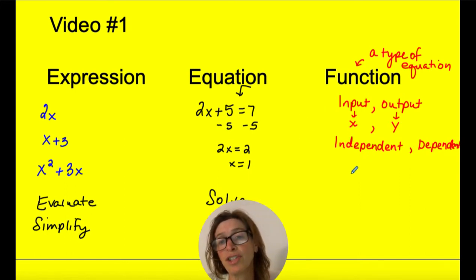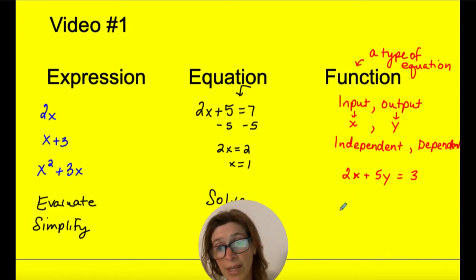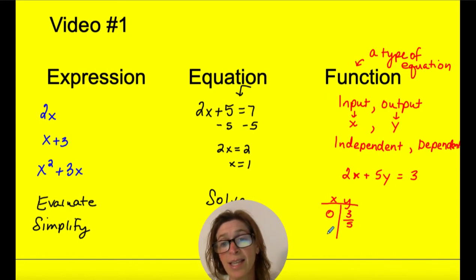So if I give you a function like, I don't know, 2x plus 5y equals 3, well, if I were to make a table of values and give x some inputs, like if I say x is 0, well then y would be 3/5. But if I say that x is 1, that's going to give me 2 plus 5y equals 3.